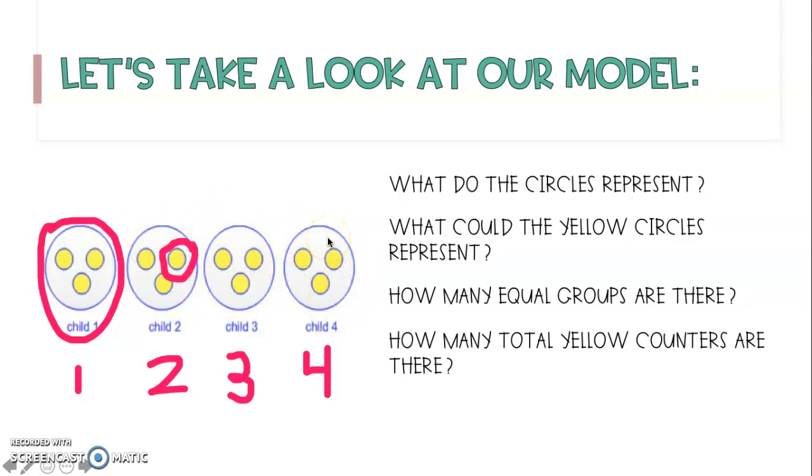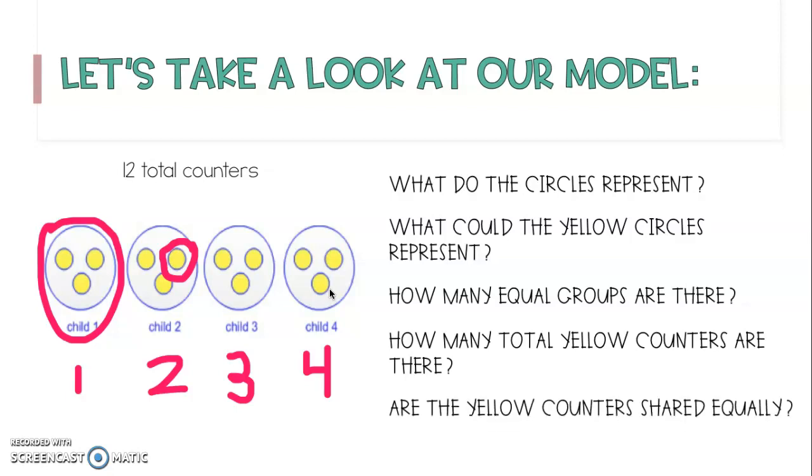So I have 12 total counters. And I have used repeated addition in order to find that. I can also use skip counting in order to find the total. 3, 6, 9, and 12. 12 total counters.